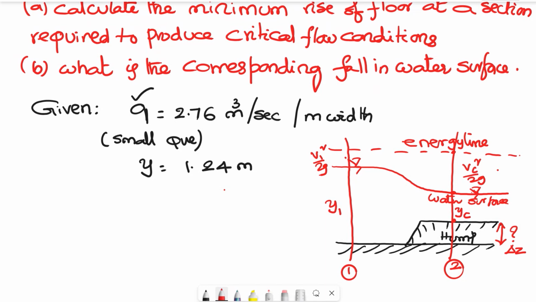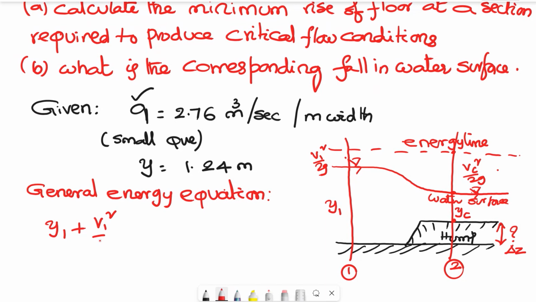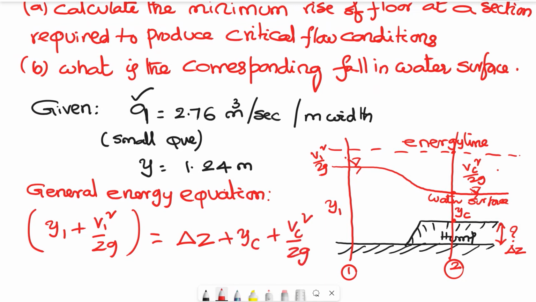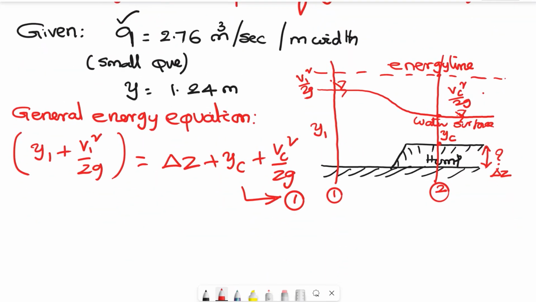So this is the general energy equation, which is applicable in any problem. At section 1, it is y1 plus V1 squared by 2g, equal to delta z plus yc plus Vc squared by 2g. This is the first equation. For any hump problem, you write this first. Then next, y1 is given, right?